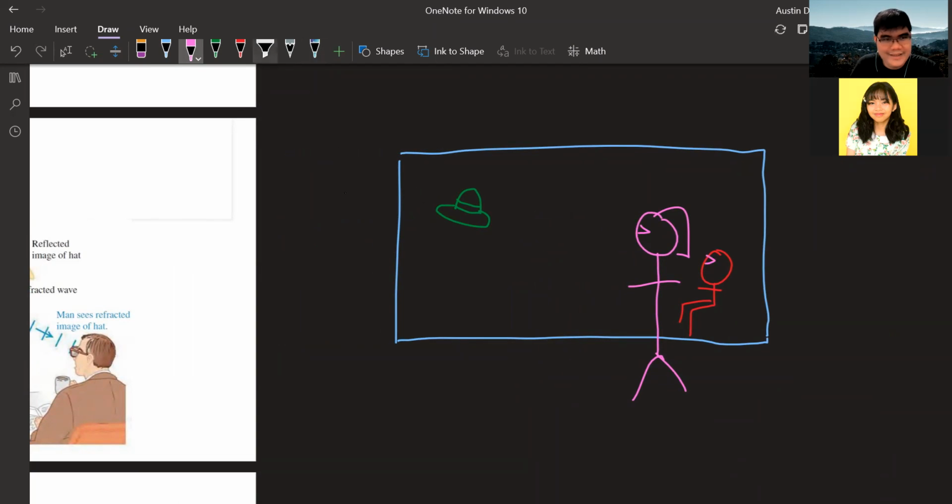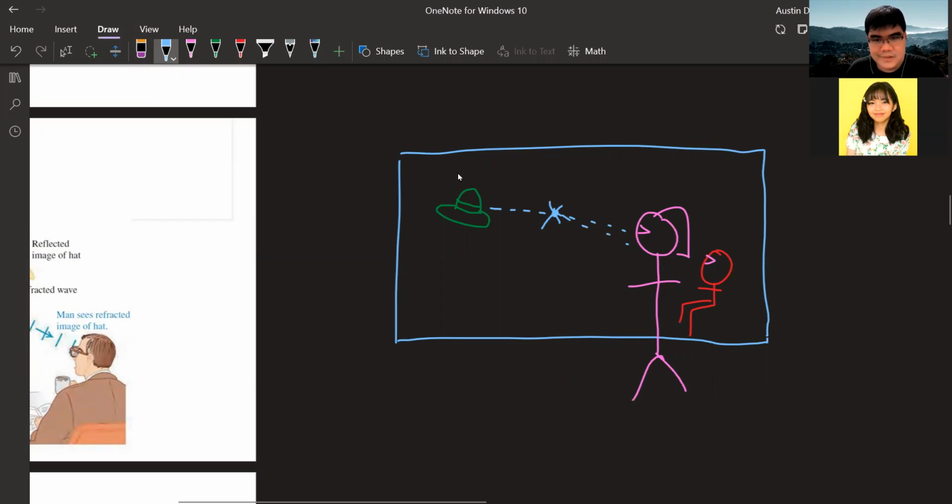Okay. So, the light coming from the hat would go from here, then bounce and go to the eye. So, there's a point of contact there. Then it also goes, bouncing back toward the person sitting.